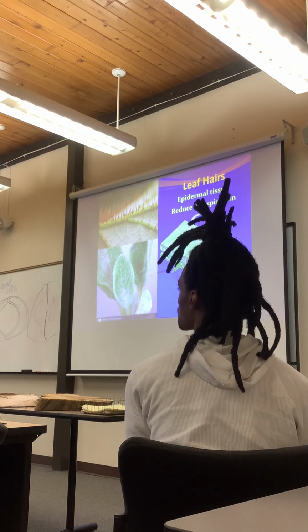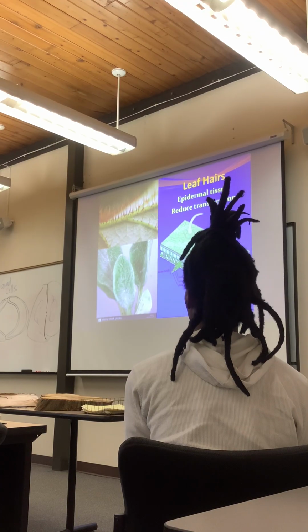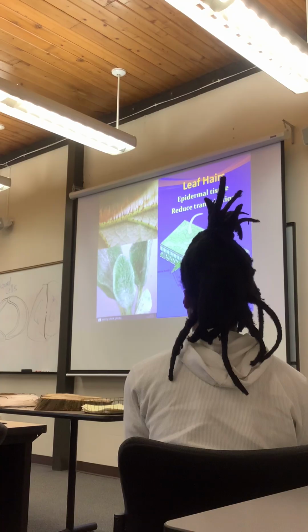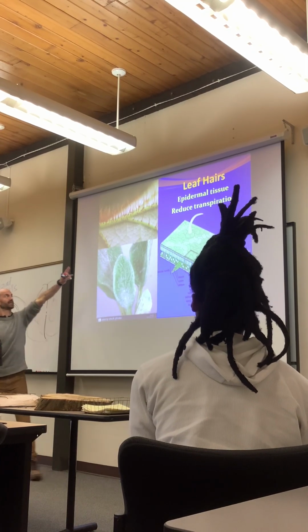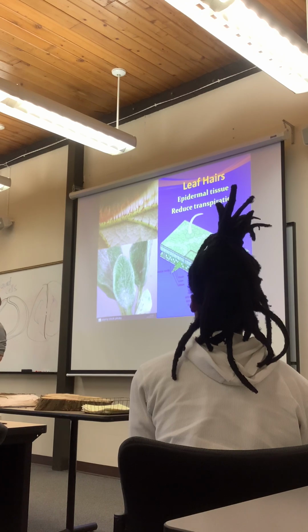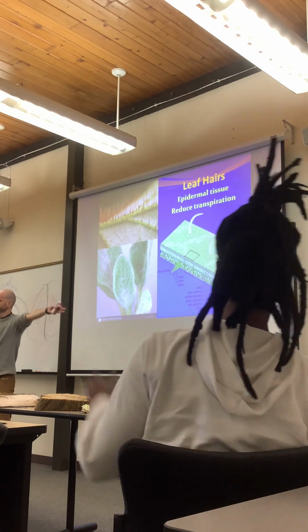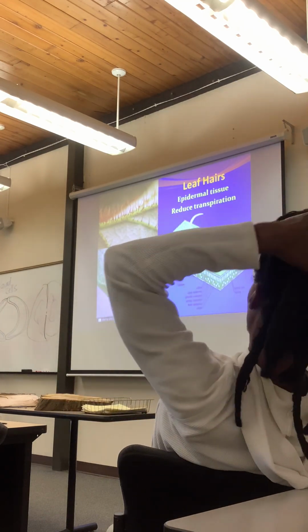Like little spikes. Like a tomato and stuff. Yep. It doesn't work very well though. Yeah. So sometimes it's a defense mechanism, but it always has the effect of increasing the localized humidity, and that can save some water while you're doing it. So reducing transpiration, aka saving water with the leaf hairs.